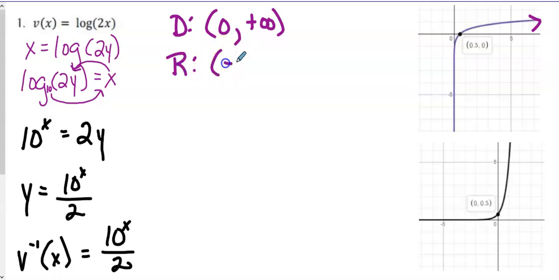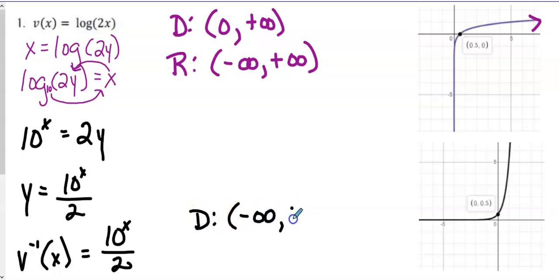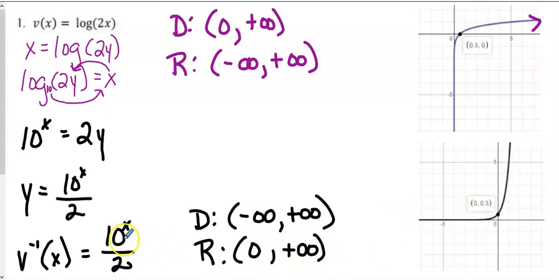Range on this one is going to be negative infinity to positive infinity. Okay, the black graph, the domain, negative infinity to positive infinity. And the range is the same thing as the domain was up here. It starts at 0 and it goes to positive infinity on the y values.